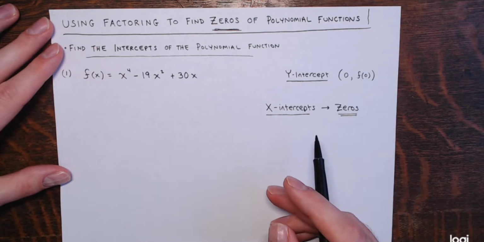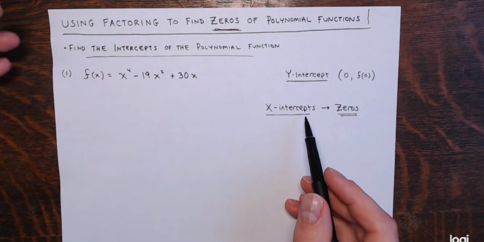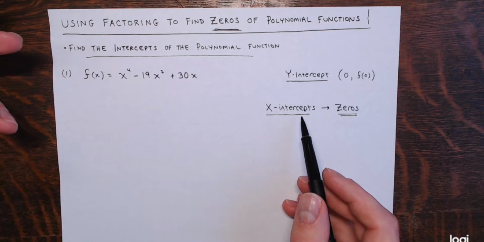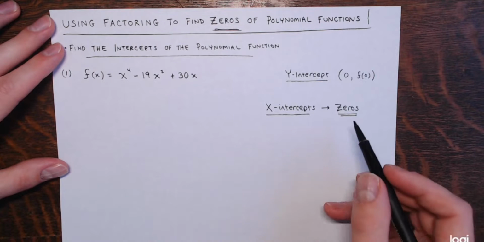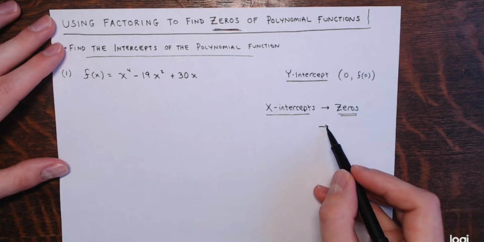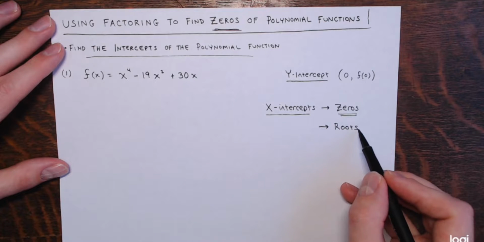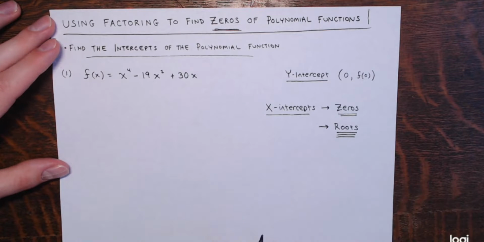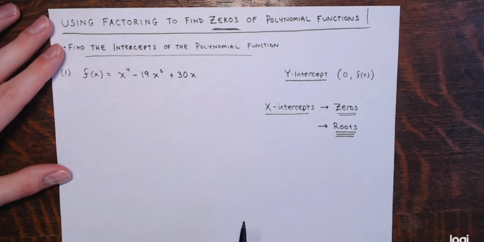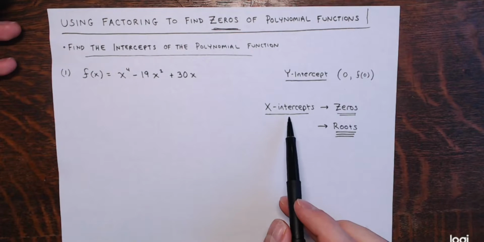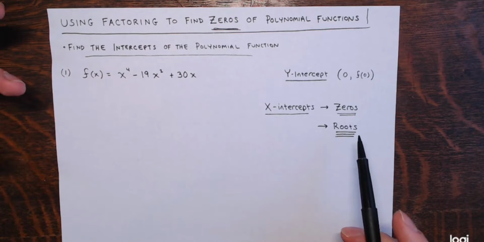We're also going to see in later videos imaginary zeros, which won't show up on the x-axis because the x-axis is a real number line. Another word for zeros that you might come across is roots. So three different words meaning pretty much the same thing. If they ask you for the x-intercepts, the zeros, or the roots of a function, they're all the same thing.